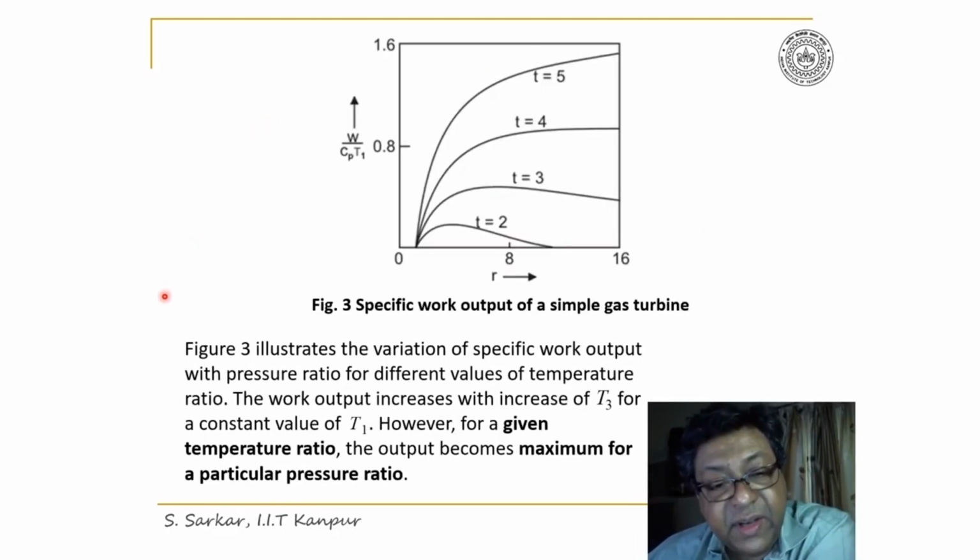Look, figure 3 illustrates the variation of specific work output with respect to pressure ratio and temperature ratio T3 by T1. One can appreciate that as small t, that is the ratio of T3 by T1, increases, work output, that is W divided by Cp into T1, will increase.